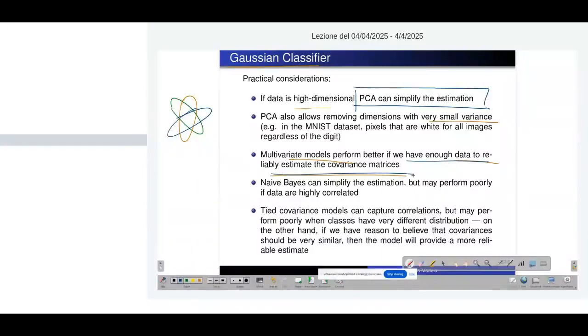Of course, this we don't know in advance. So we may need to figure out what is a good value for the PCA subspace to avoid throwing away too much useful information. If we have reasons to believe that our assumptions are accurate, then we can also try the simplified models that we have discussed.